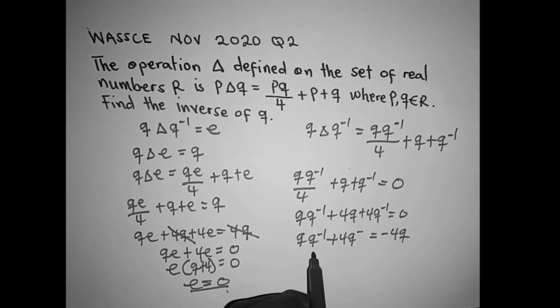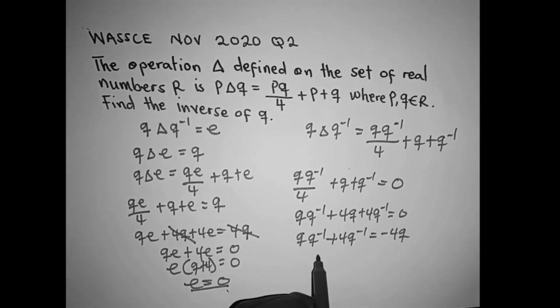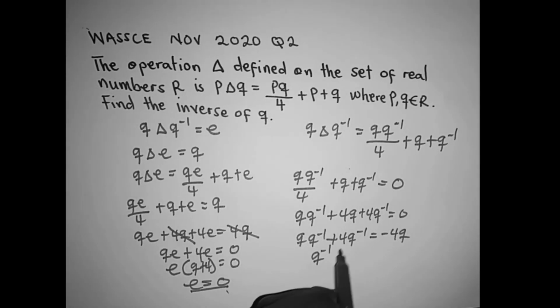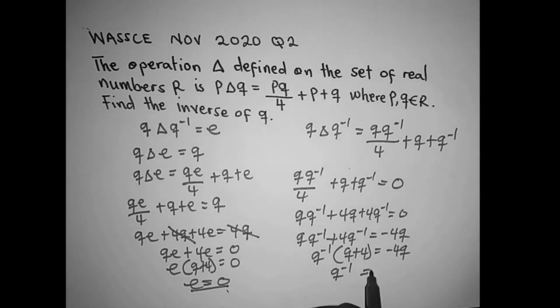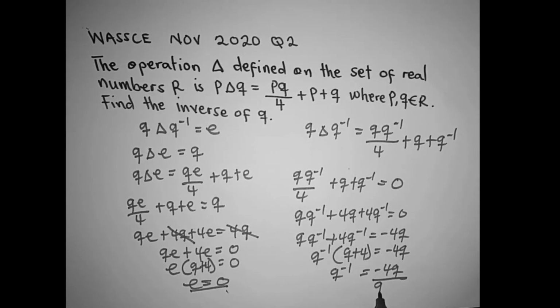So we factorize Q inverse out. So Q inverse, in one bracket we have Q plus 4 equals minus 4Q. So Q inverse is equal to minus 4Q divided by Q plus 4 as a final answer.